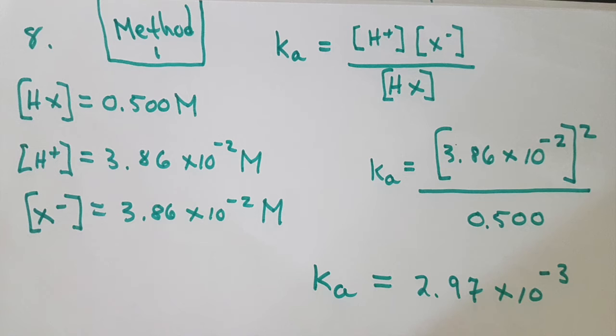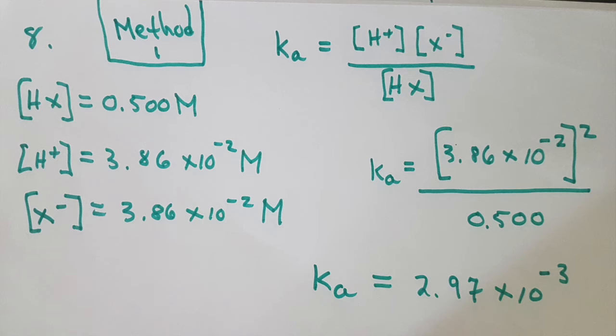We calculated 2.97 times 10 to the negative 3. But what happens if you do it a more accurate way and you subtract from 0.500 molar the H ion concentration, which is the dissociated H ion concentration? At equilibrium, your acid concentration will be a little less based on subtracting off the amount dissociated.